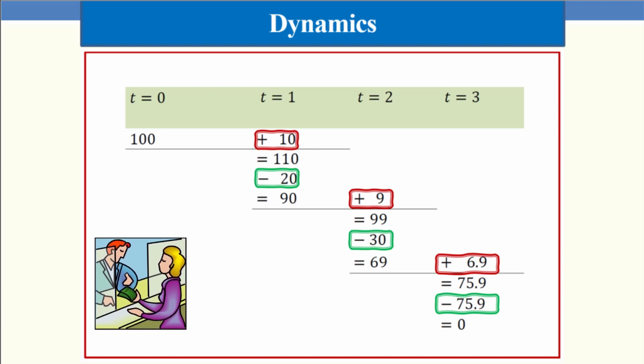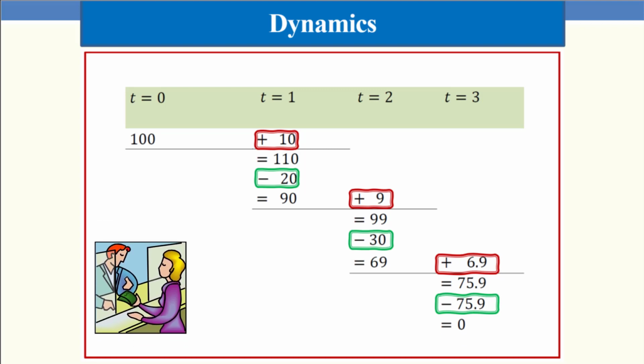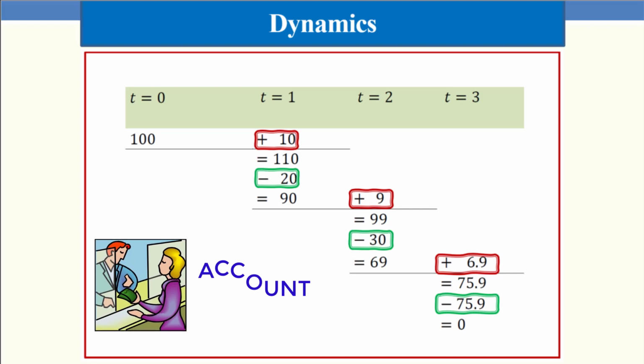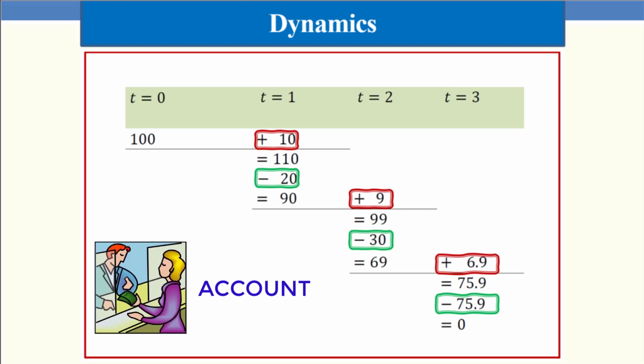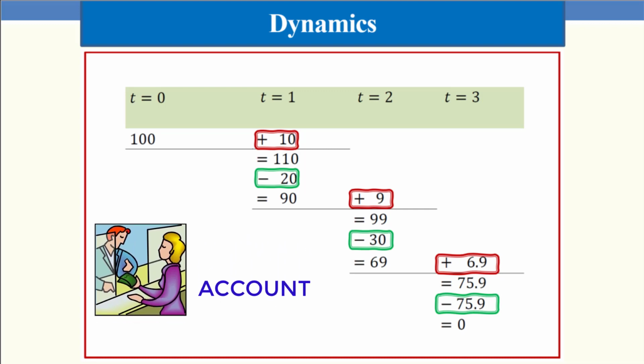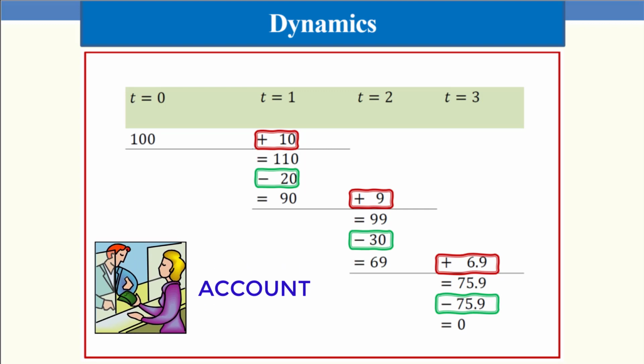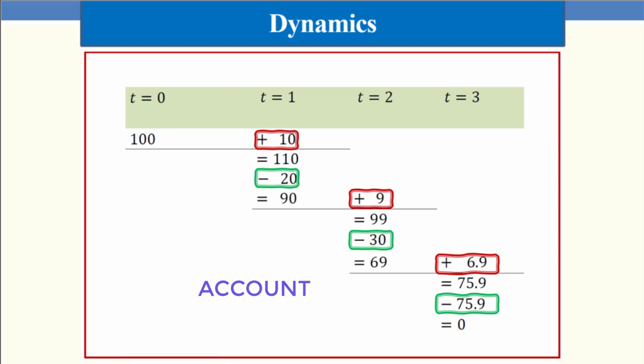So the firm may well be interpreted as an account whose balance is the firm's capital. And the remuneration of the capital is the income or profit or earnings. And the deposits or withdrawals of the investor are just the distributions of cash flow to capital providers or contributions of cash flows by capital providers.